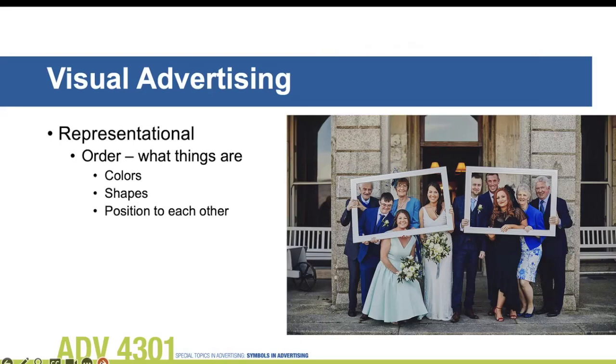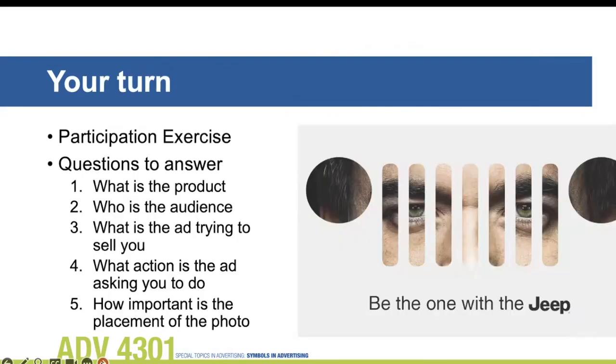Even though they are still in their own family square, they are shoulder to shoulder. They're actually touching as they hold up the frames. So they're showing that relationship. An overall impression, I think this is a very clever way to commingle groups and keep their relationships separate, but yet they're still together. Now it is your turn.